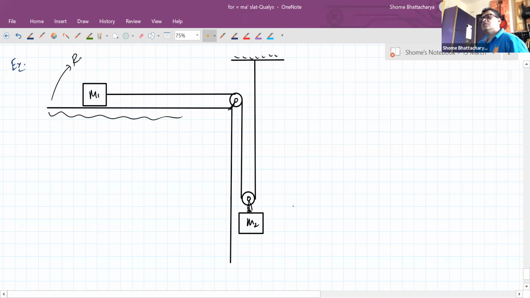Now for this surface, only a single value of mu is given. That means the coefficient of static friction is equal to the coefficient of kinetic friction equal to mu.